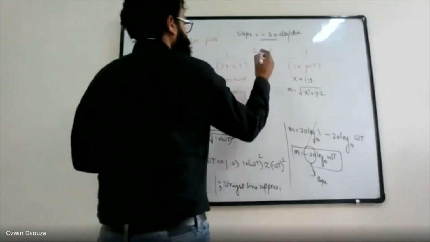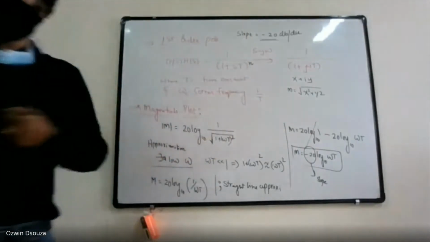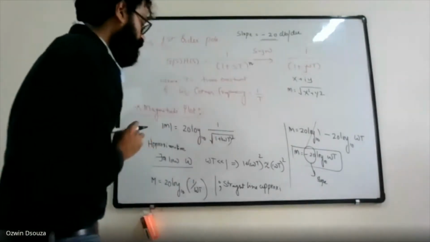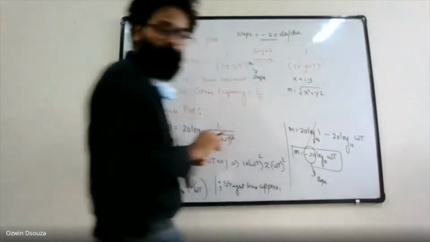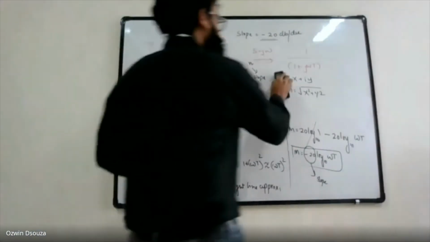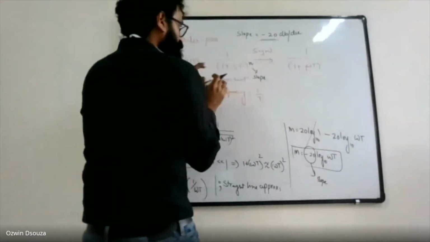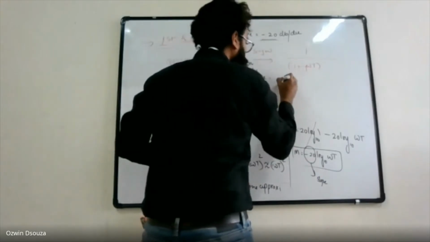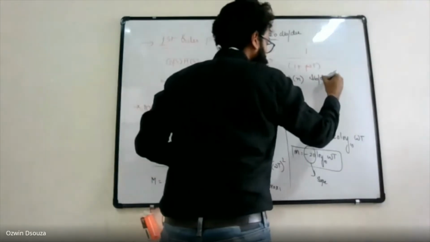Now, let's say you have the power as n. Let's say you were to have 1 divided by (1 plus st) cube. So if a cube is present, the slope becomes minus 20 into n. So if the power of the first order pole is n, then the slope is equal to minus 20 into n decibel per decade.